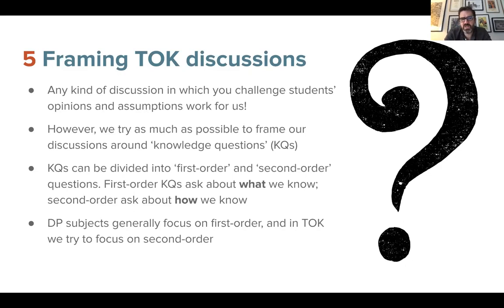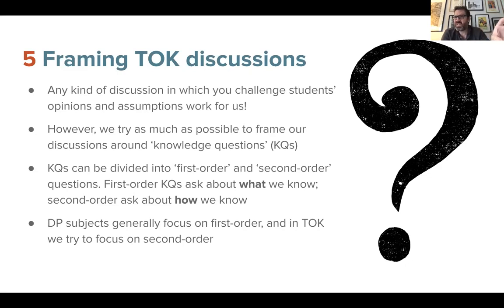Second order knowledge questions ask how we know. They're the questions that we are more interested in TOK. So again, applying that to history, you might ask the question, why do historians differ in their opinion of why World War I started, or why World War II started?